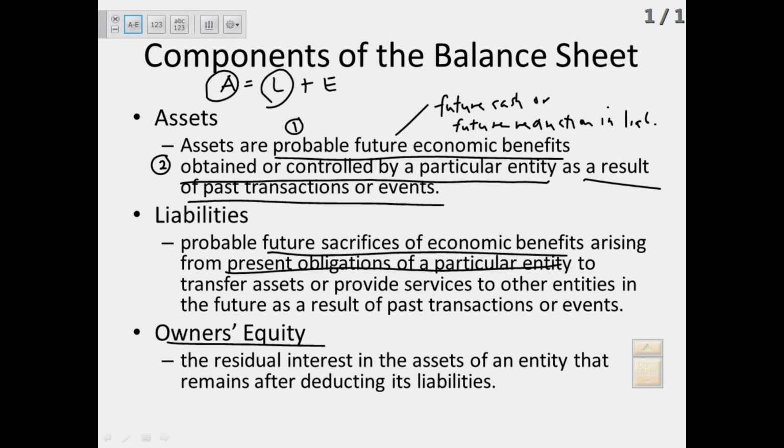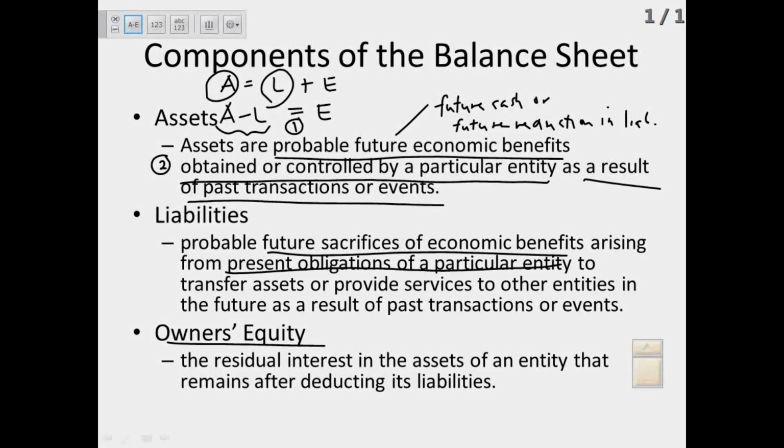Okay, so it is really this residual interest in the net assets of the firm, net assets being assets minus liabilities. So equity, you could just rewrite this equation as assets minus liabilities equal equity, and so once you have A and L, there's nothing left to say about E. Okay, it doesn't mean that equity isn't important, and it doesn't mean that equity isn't directly affected by certain transactions.